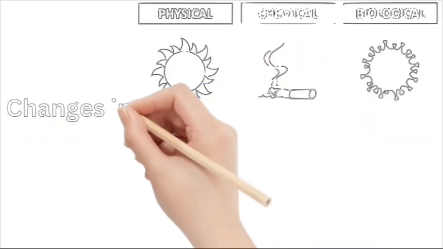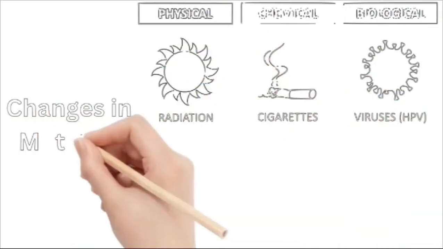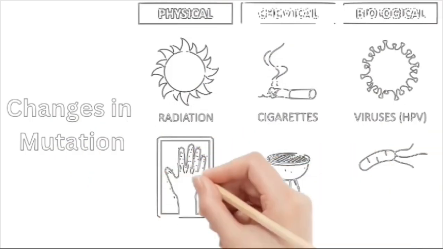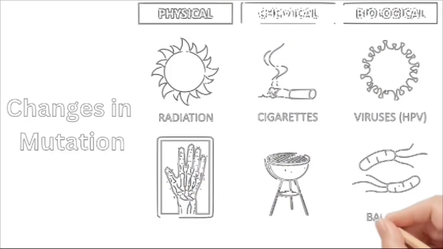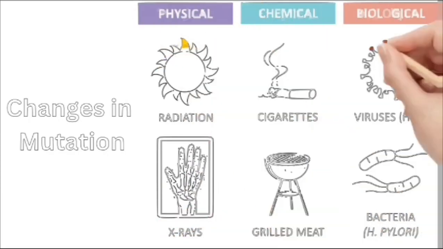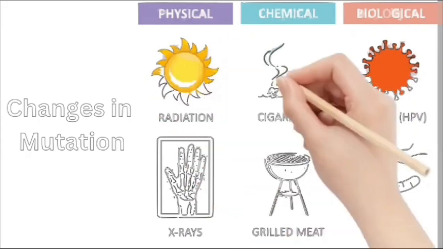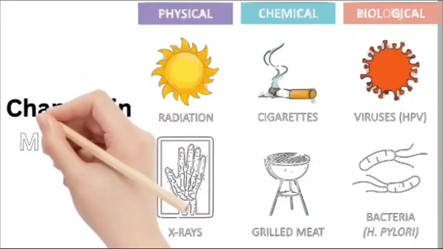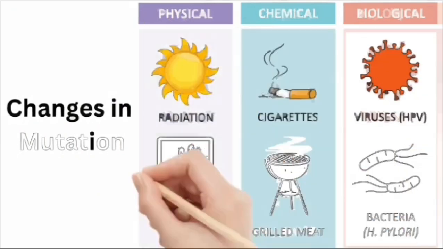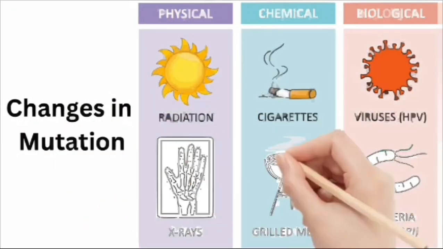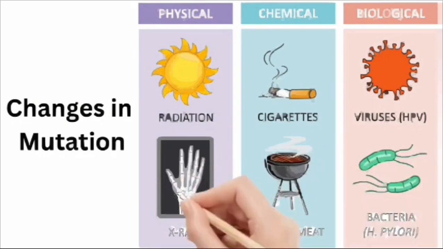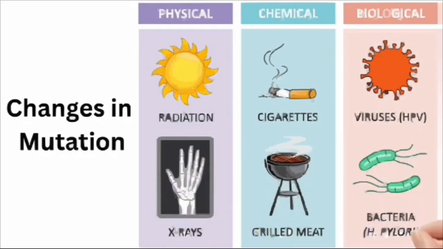Radiation exposure: high-energy radiation like UV rays and X-rays can break DNA strands or cause chemical modifications. Example: UV-induced skin cancer. Chemical exposure: mutagenic chemicals, such as those in tobacco smoke or industrial pollutants, can alter DNA bases. Viruses: certain viruses, like human papillomavirus, HPV, can insert their genetic material into host DNA, disrupting normal gene function.